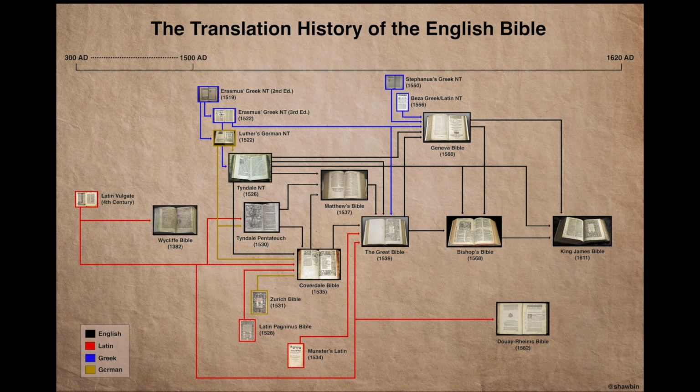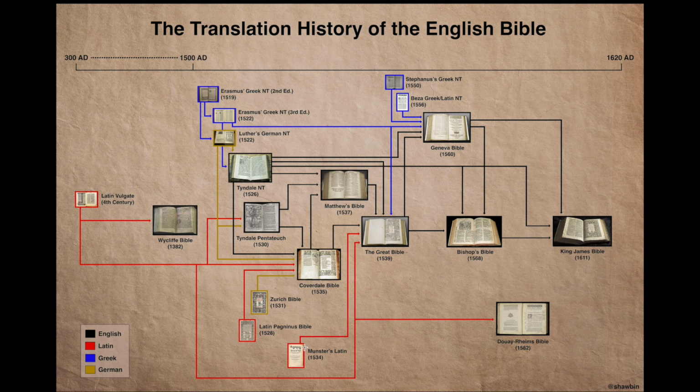Okay, so that version of the Greek New Testament is used to translate the Tyndale New Testament in 1526. And that becomes a really important translation of the Bible here, and then that goes into, along with Tyndale's Pentateuch, helping translate the Coverdale Bible down here.